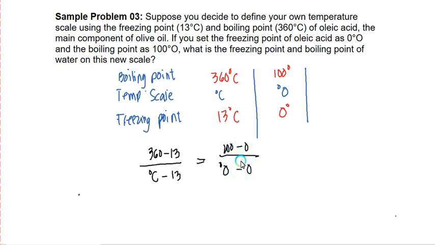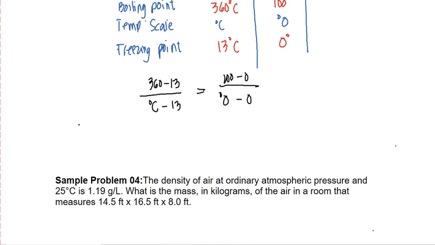Next, i-arrange lang or rearrange lang aton nga equation. This is equal to 347 all over your degree Celsius minus 13 is equal to 100 all over degree oleic.